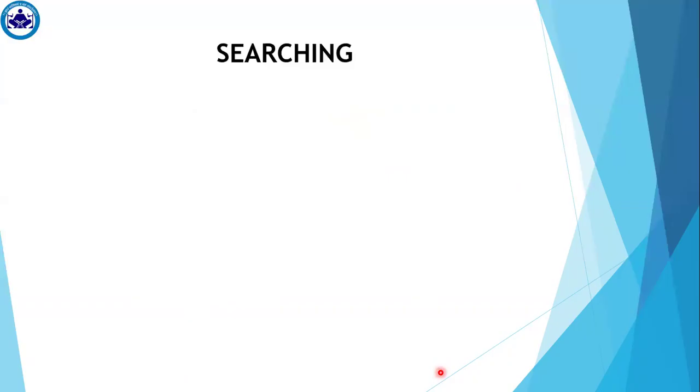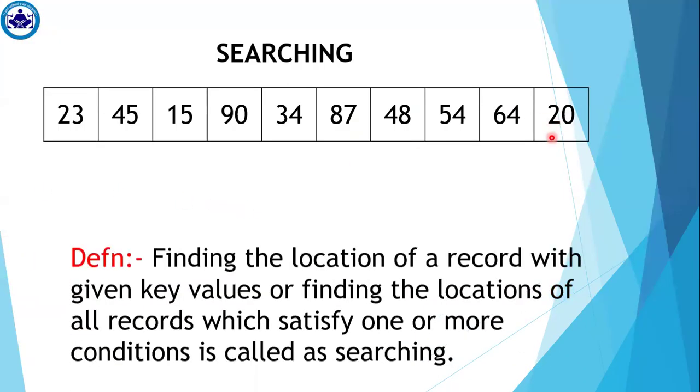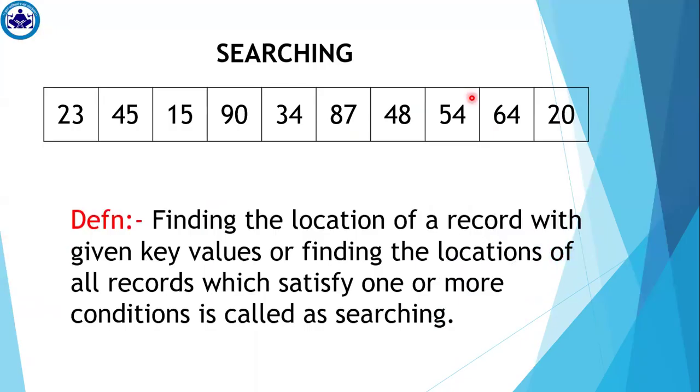Next operation is searching. Consider this array. Now, I can say, find out the element at the fourth place. So here, I am giving the key value to find out any number from the given structure. So this operation is called as searching.